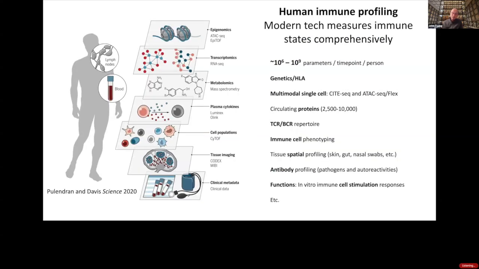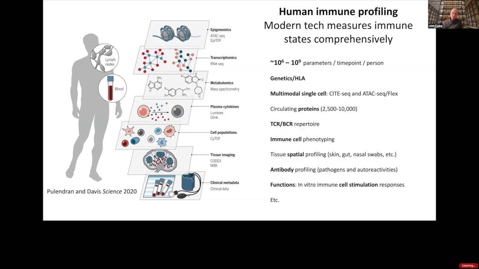Technologies, especially advances in the past decade or so, now enable us to look at the state of the immune system fairly comprehensively, and the costs are also dropping. In a typical experiment we do in humans these days, for example, we can take a sample. It could be a drop of blood. It could even be specific tissues that we can biopsy.